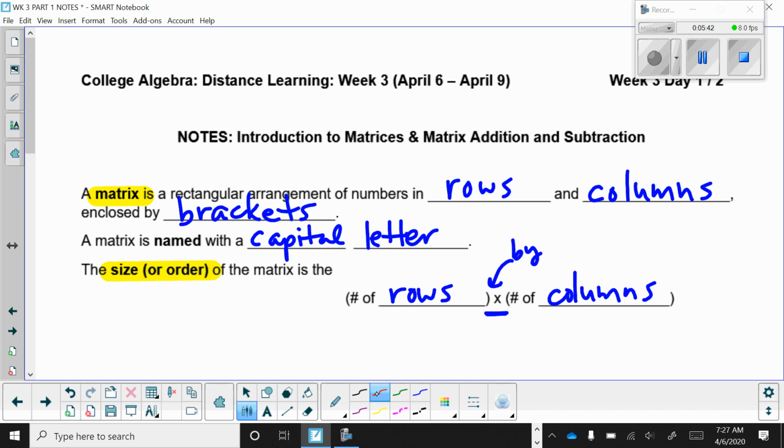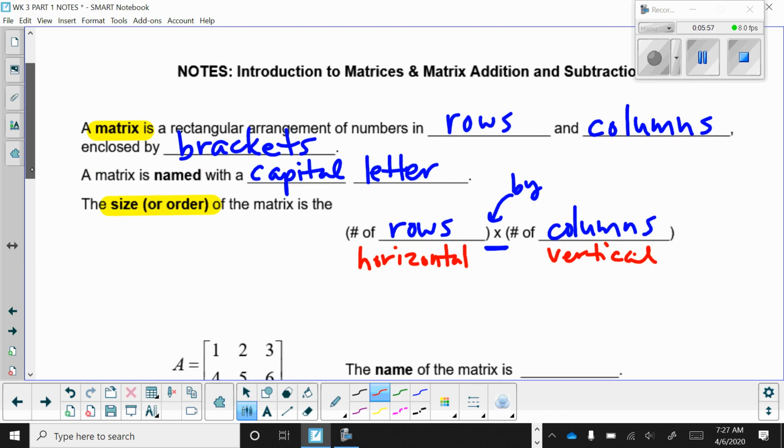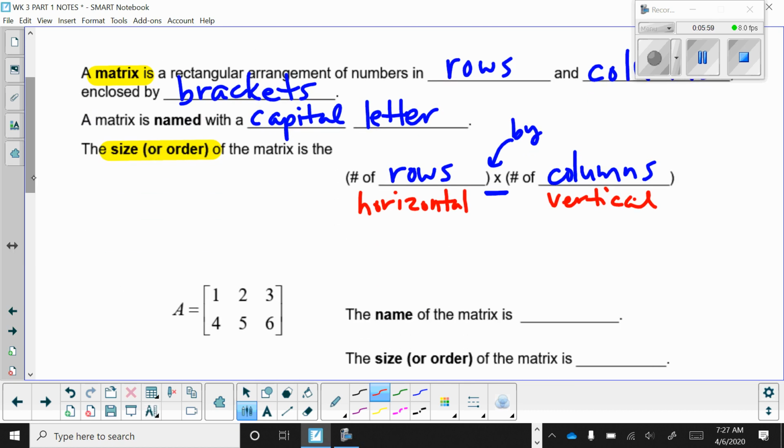And rows go horizontally and columns run vertically. And one thing that, I don't know why this helps me because it's kind of arbitrary, but in my mind when I'm trying to remember which is rows and which was columns, I kind of write it like this.